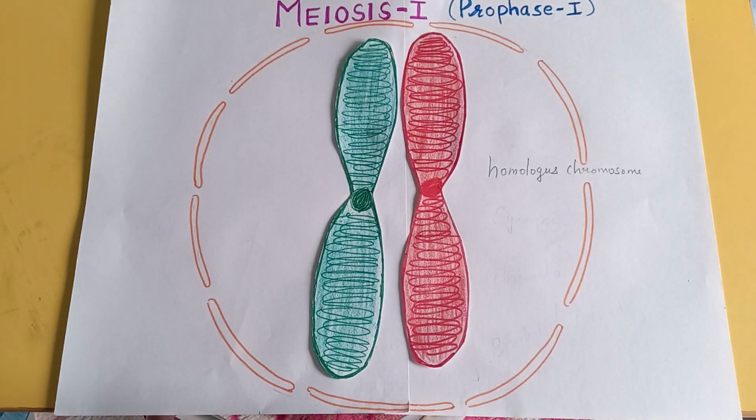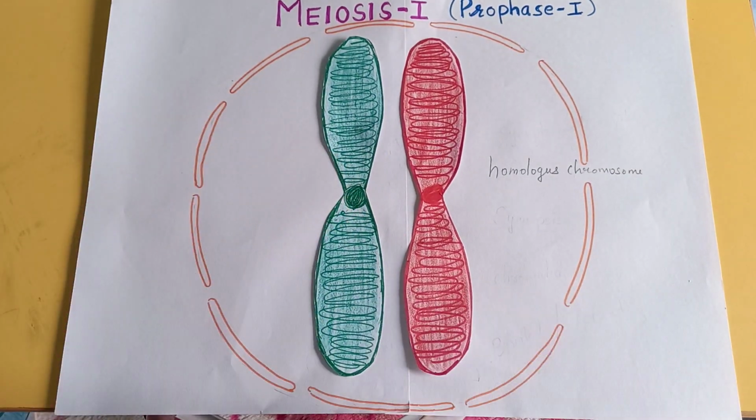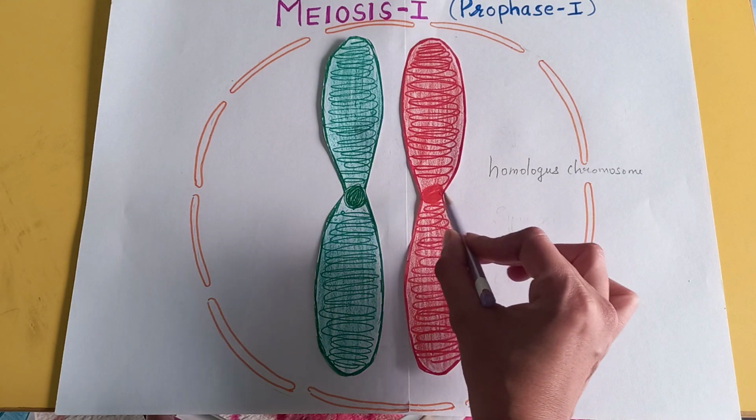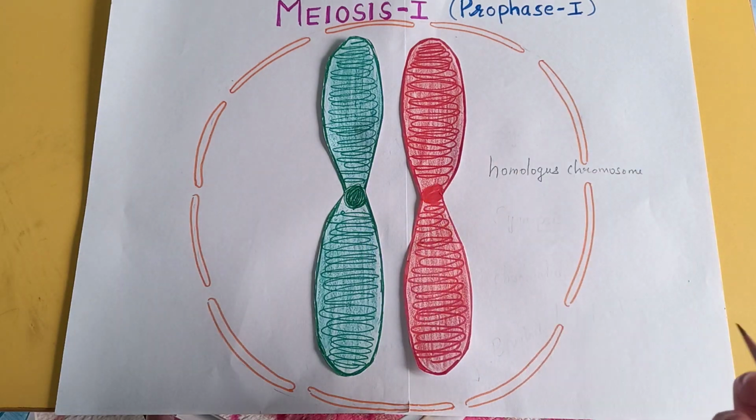Homologous chromosomes are which ones? Those which have the same size, the same genes and different centromeres, you can say. It's not the chromatid. If I talk about sister chromatids, they are attached with one centromere, having the same genes, the same alleles.